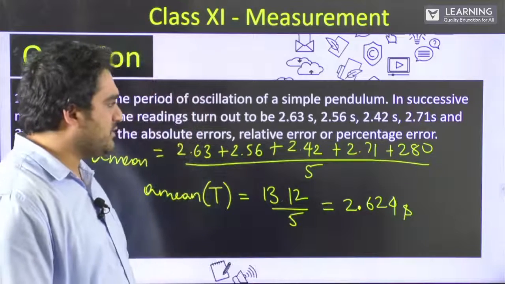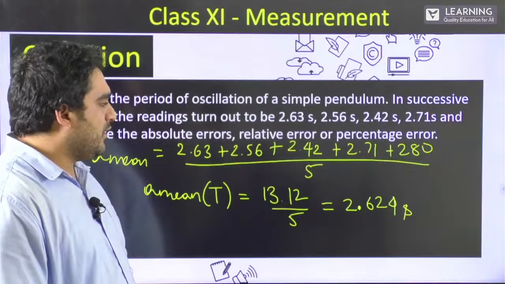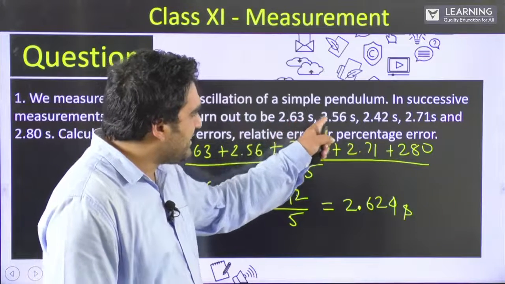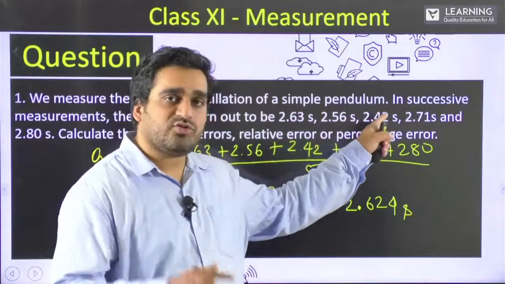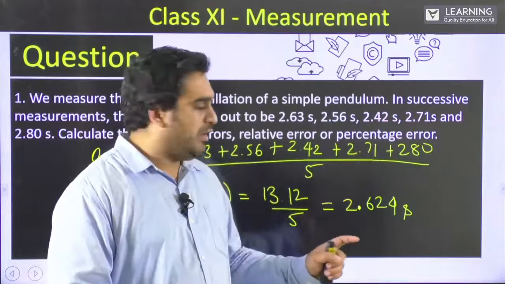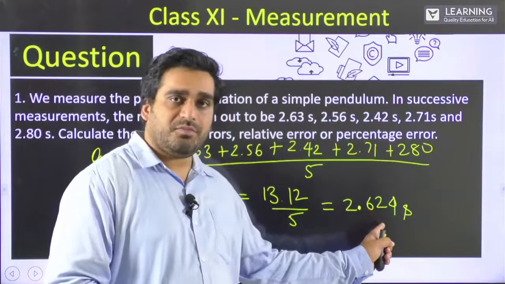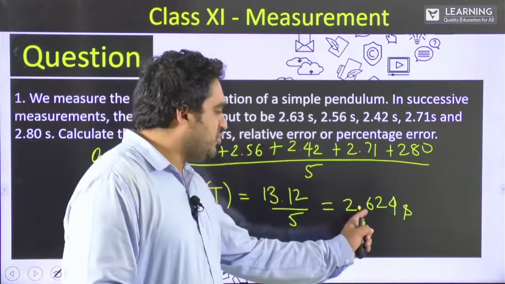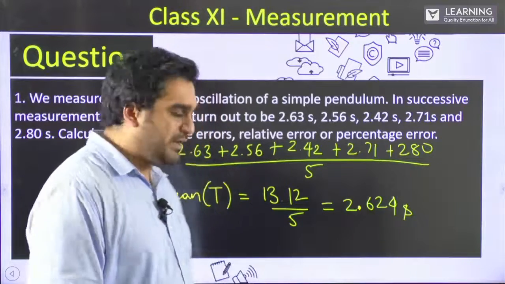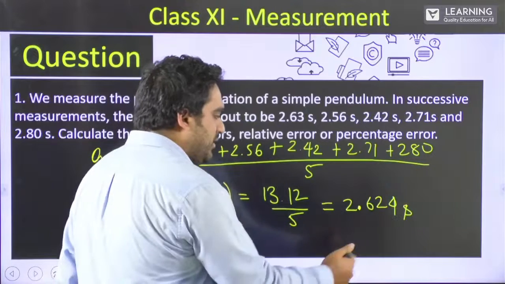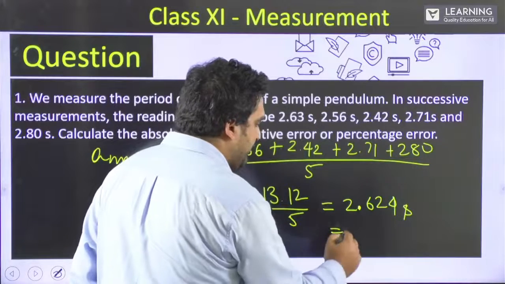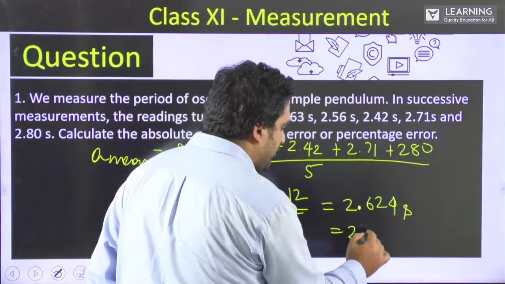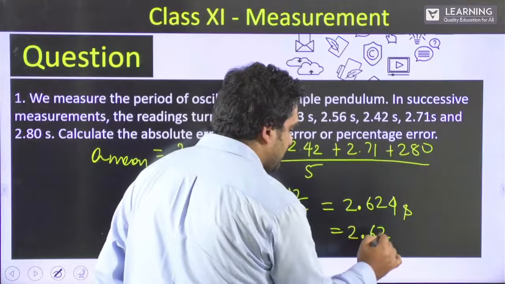2.624 seconds. Now, if you look at the measurements, they have only 2 decimal places, but the result you've obtained has 3 decimal places. So we need to put it to 2 decimal places by eliminating the last decimal digit, which is 4, giving 2.62 seconds.